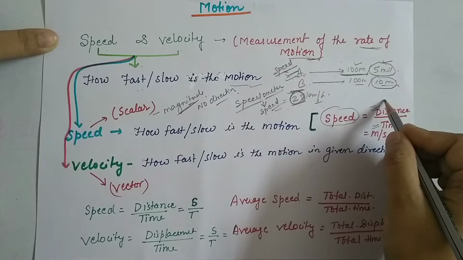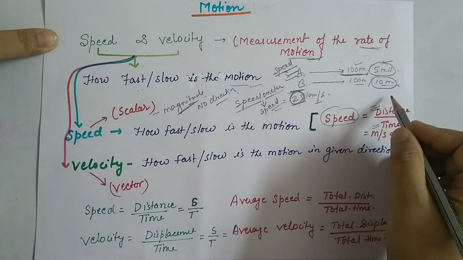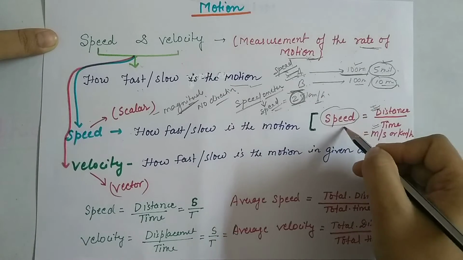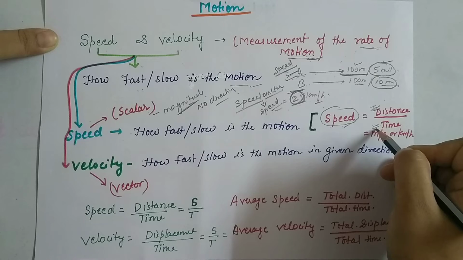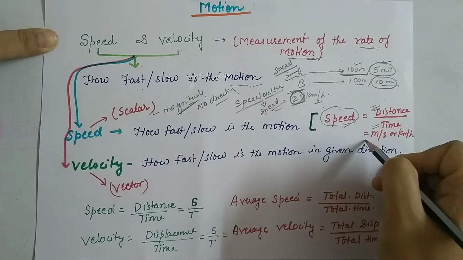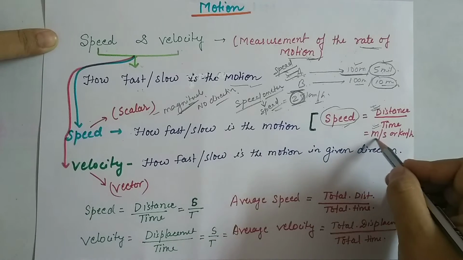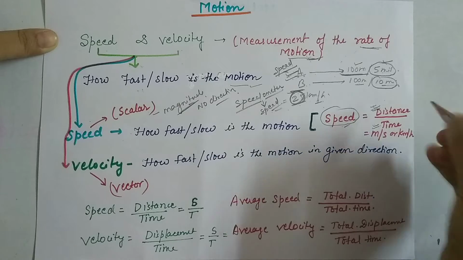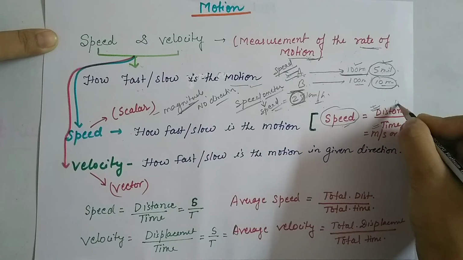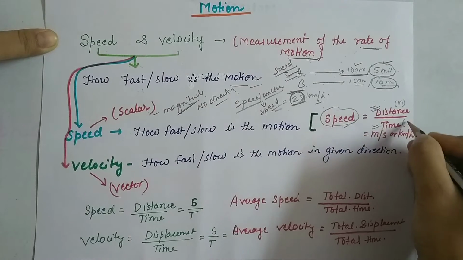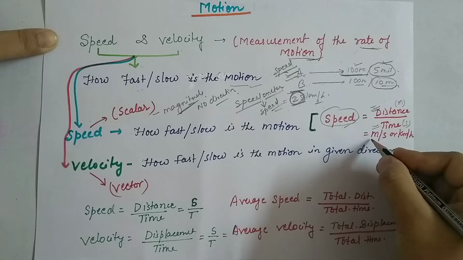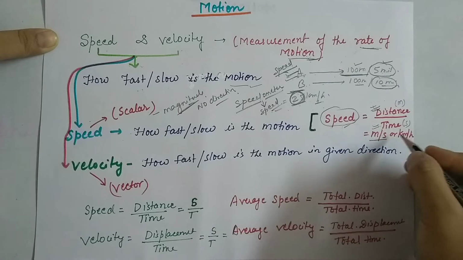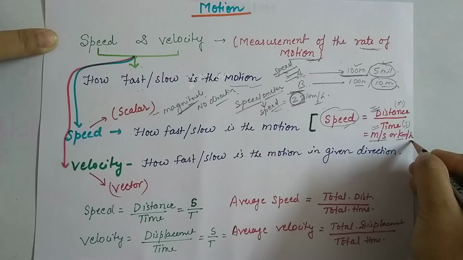The unit we basically use is meter per second: distance is measured in meters and time in seconds. If the distance is taken in kilometers, then we take hours.